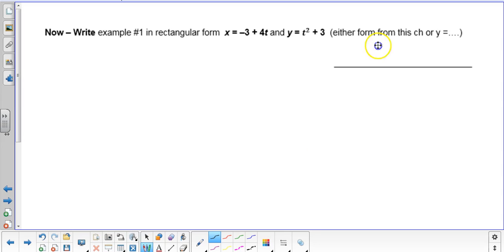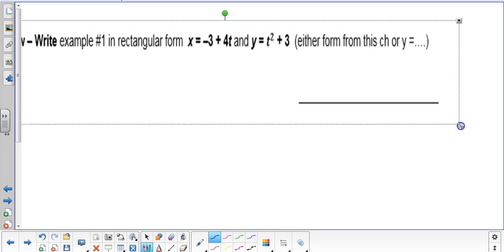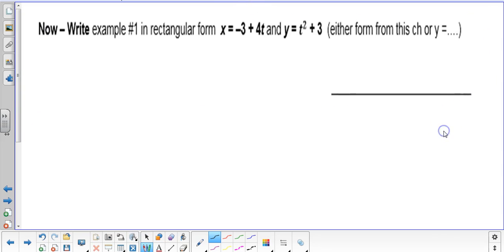All right, let's try this one. It's very, very similar. But this is the one that goes with the example we just did a minute ago at the top of the page here. So if I rewrite this so that it says t equals, what will that say? Journey says x plus 3 divided by 4. Everybody okay with that?